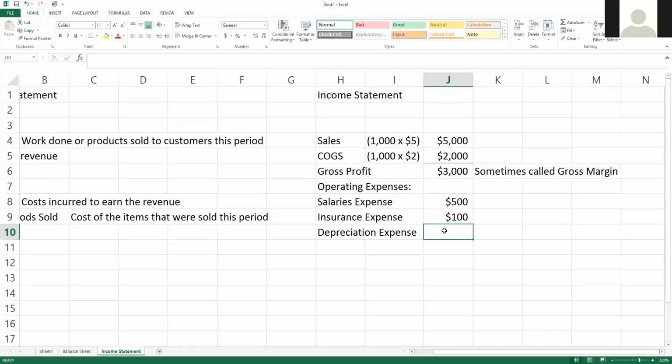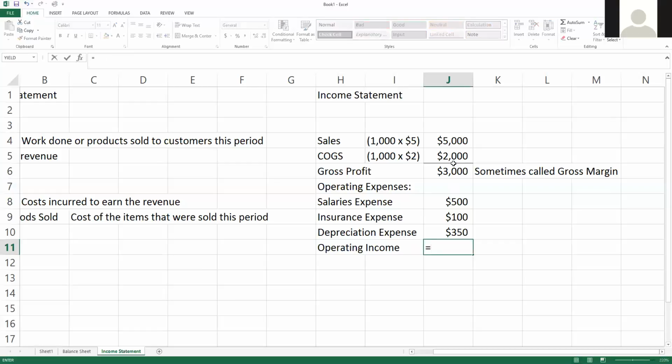And yes, I am literally just making up the numbers. Okay, I've got $950 of expenses to take away. So when I'm done, I'm going to get something called operating income, and I don't really need the colon at the end of that, but that's what I'm going to call the subtotal.